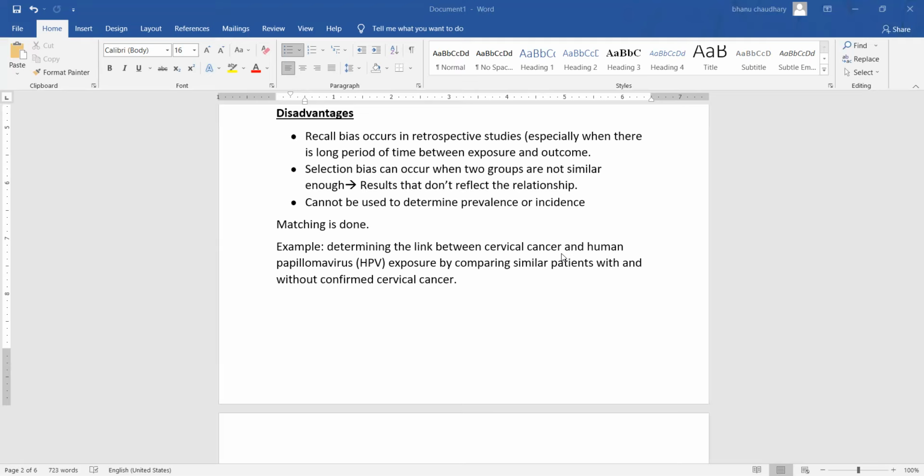Yes, but in the case of a cohort study, we are going back to determine the exposure status. We want to know whether the patient is a smoker or not, or whether the patient has exposure to the human papilloma virus or not. But right now you do not know whether the patient has the outcome or not, in the case of a cohort.